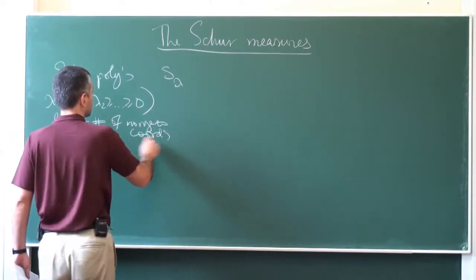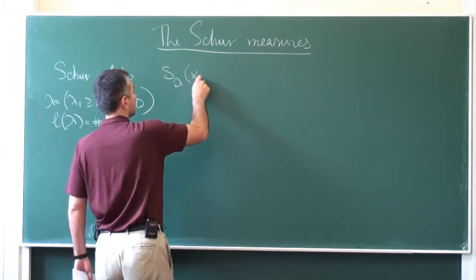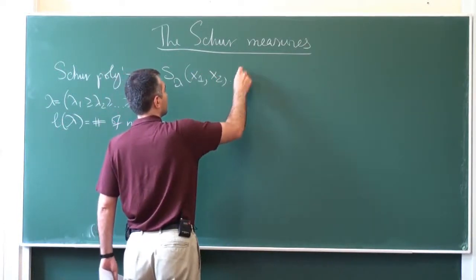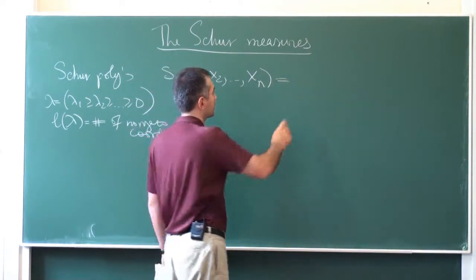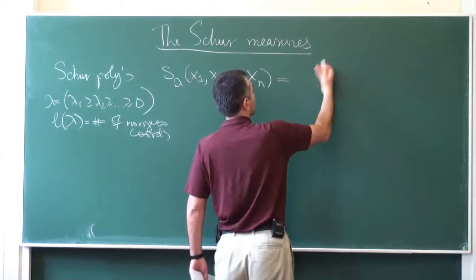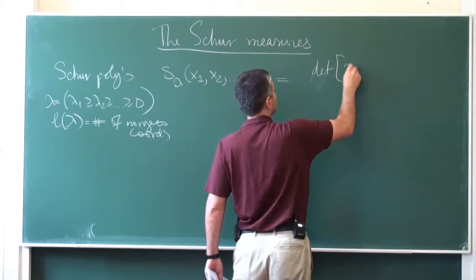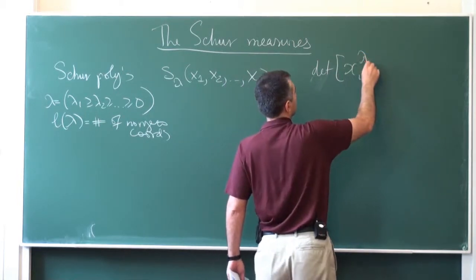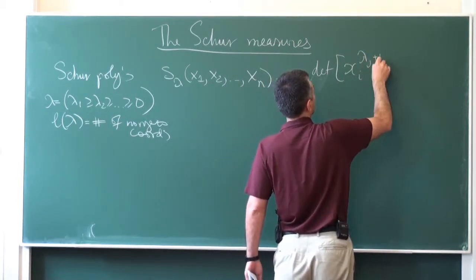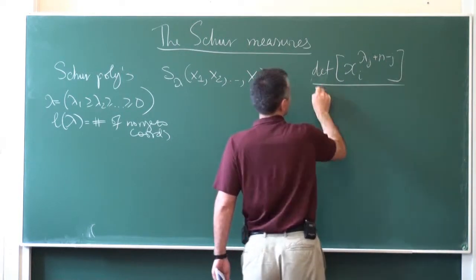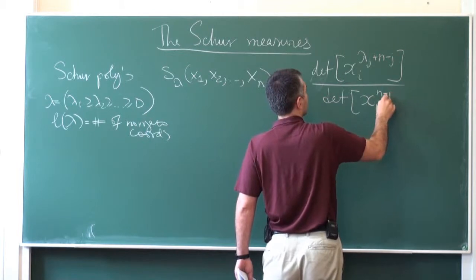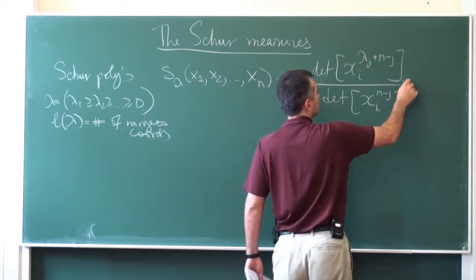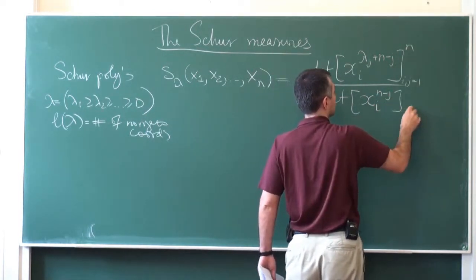Then the Schur function evaluated, the Schur polynomial evaluated at a finite set of variables, is the ratio of two determinants: the determinant of x_i to the power λ_j plus n minus j, divided by the same determinant with all λ equal to 0, the determinant of size 1 to n.